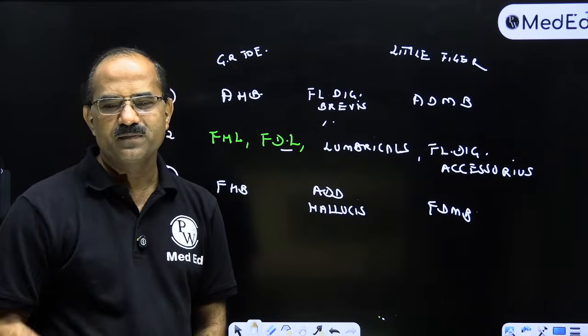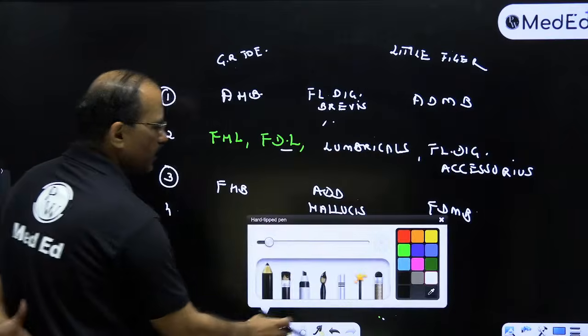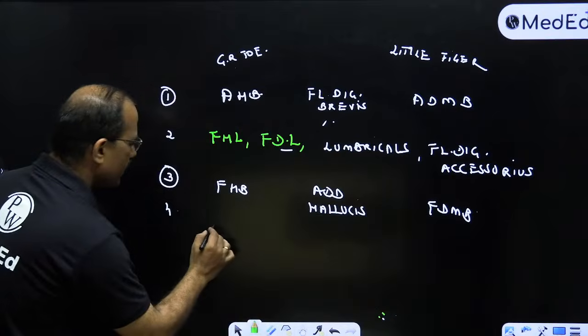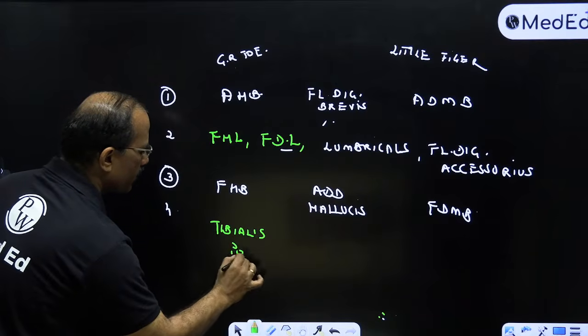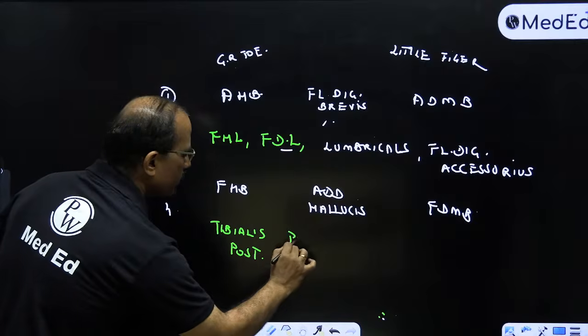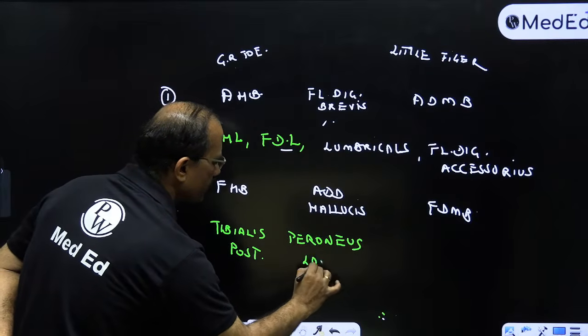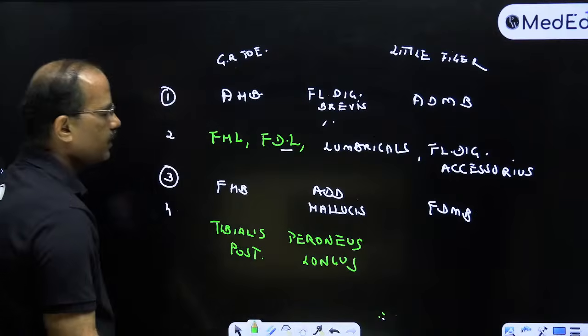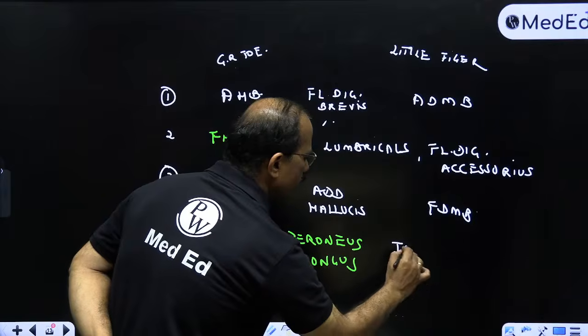Fine. Now coming to the last layer of the sole, two muscles come from outside: one is tibialis posterior, the other is peroneus longus. These came from the leg. And in the sole there are the interossei.